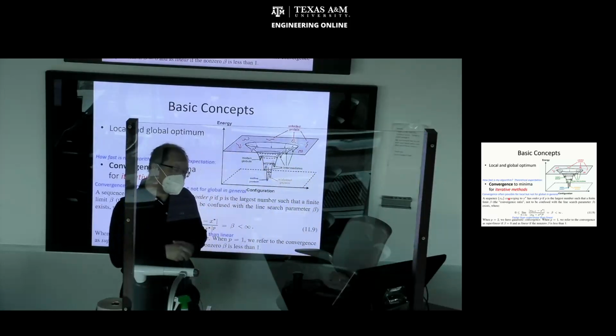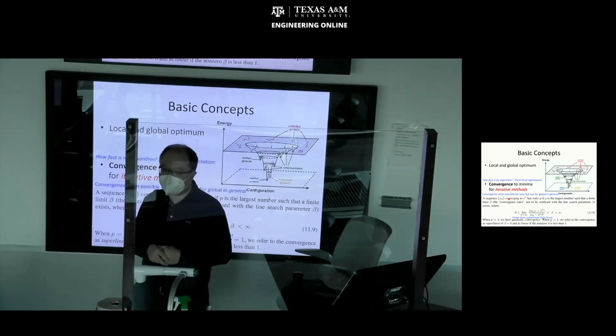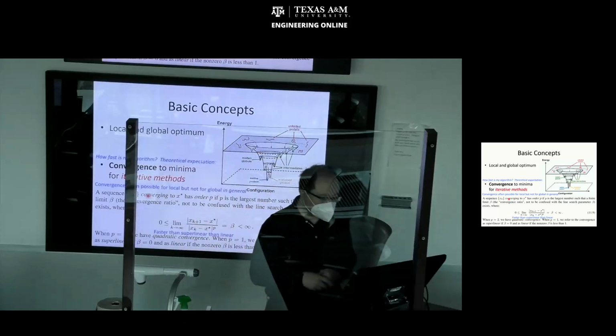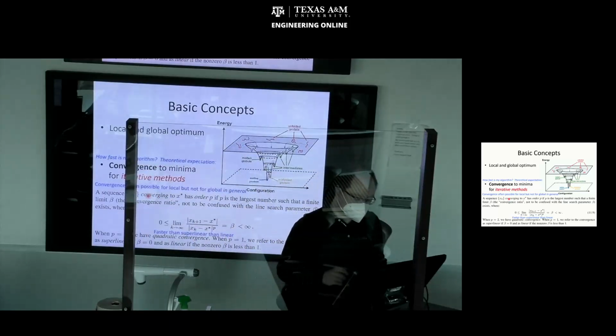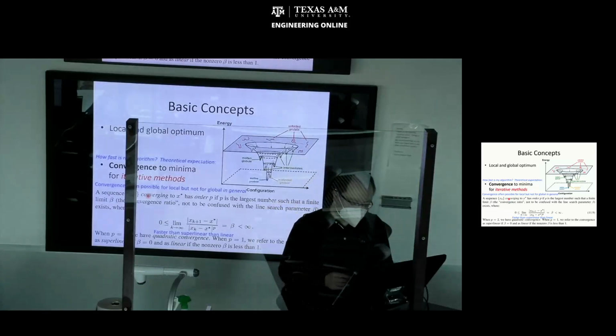But you could have different iterative methods, all converging, but some can be faster and some can be slower. So that's the second concept, called the convergence ratio or convergence rate, okay? So the convergence rate says the following. Let's look at the distance between the current step's sample and the global optimum, okay?